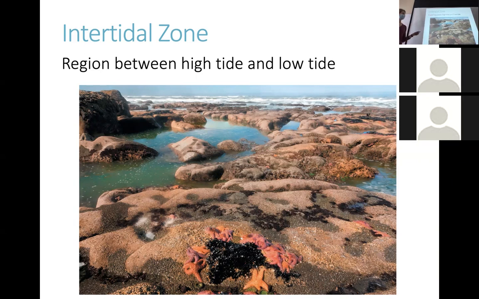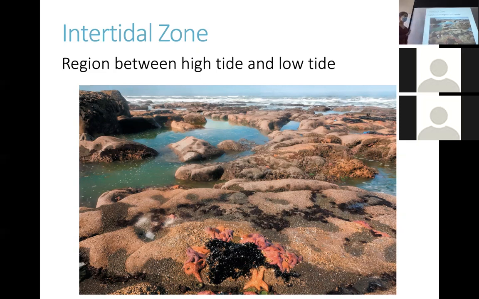If you've ever been to an area that has a good intertidal zone, there's all these neat pools that will develop, and really hardy organisms live there. So you can see, in order to survive, organisms have to be able to survive dry as well as flooded conditions. That's tough. If you imagine living in a dry area and then it gets flooded twice a day and then dries out twice a day, it's a really tough area to live in.